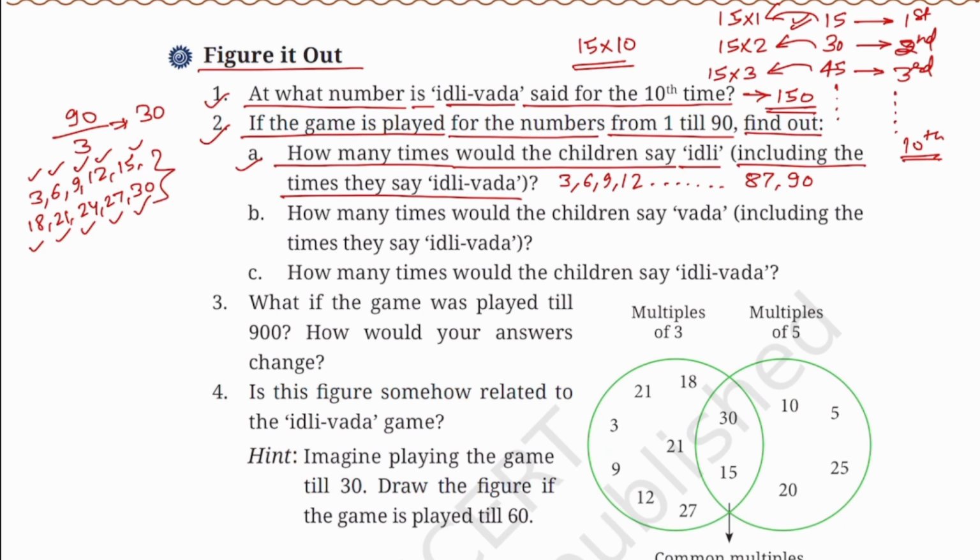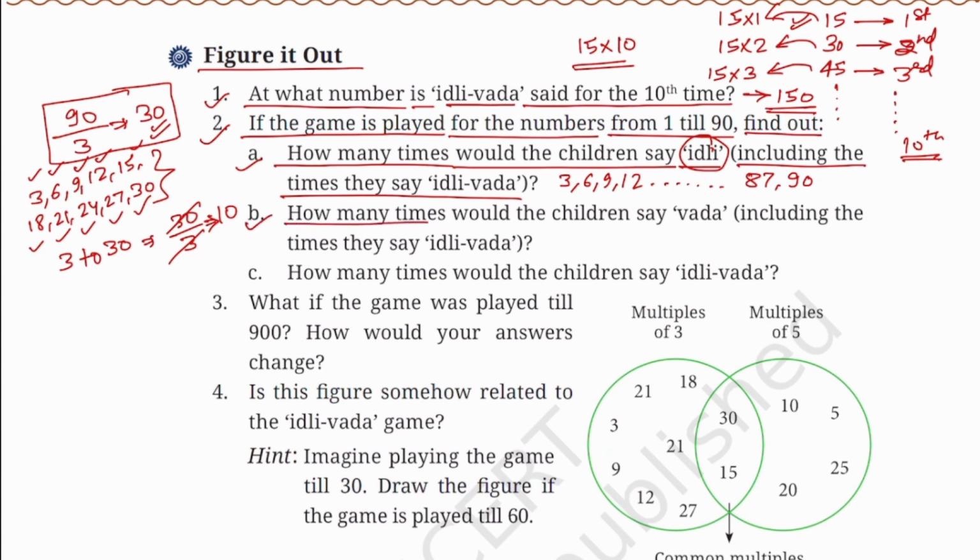That means from 3 to 30, the number of multiples of 3 is 30 divided by 3, that is 10. Similarly, from 1 to 90, there will be 90 divided by 3 or 30 such numbers, at which children will say idli.